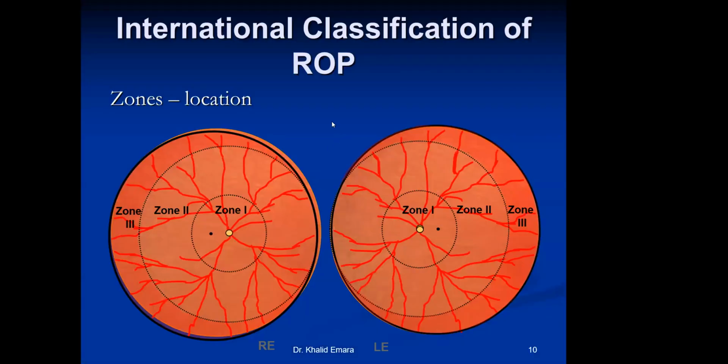The location of the disease, according to the international classification of ROP: zone 1 is a circle centered on the optic disc, with a radius double the distance between the optic disc and the fovea. Zone 2 is a circle centered on the optic disc and tangential to the nasal ora serrata, and the temporal crescent is zone 3.